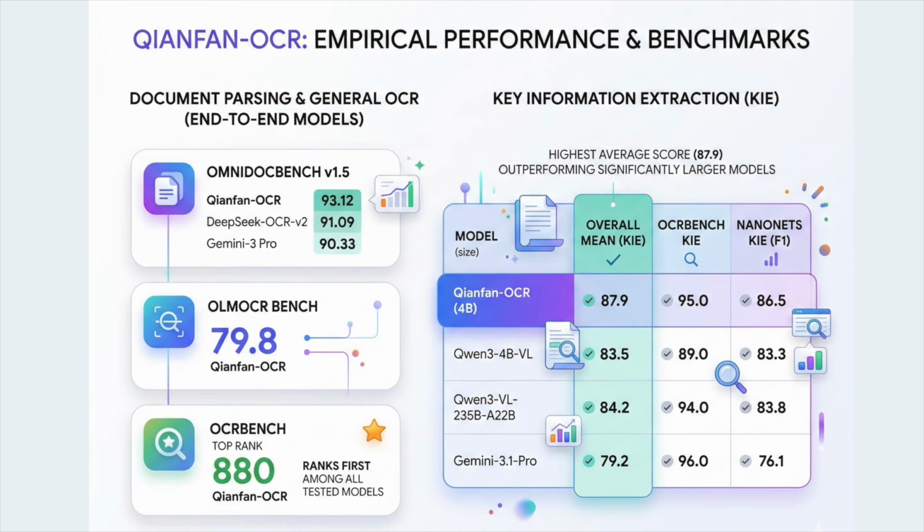In key information extraction (KIE) benchmarks, Qianfan-OCR attained the highest overall mean score of 87.9, outperforming significantly larger architectures like the 235B-parameter Qwen3-VL and state-of-the-art commercial models including Gemini 3.1 Pro and Gemini 3 Pro.